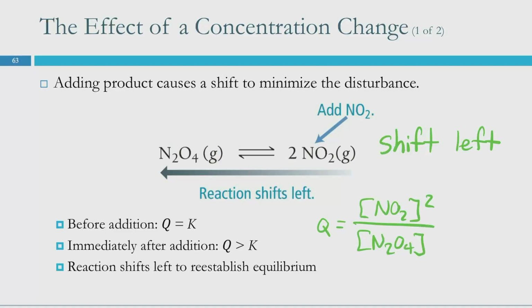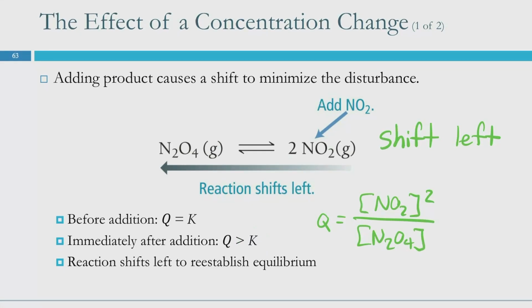So like if we had, I'm not even going to make up numbers, but we increase this top number, our Q is going to get bigger, and our Q is going to have to shrink, get smaller, to get back to being equal to our equilibrium constant, meaning that we're at equilibrium. So our NO2 concentration got bigger.